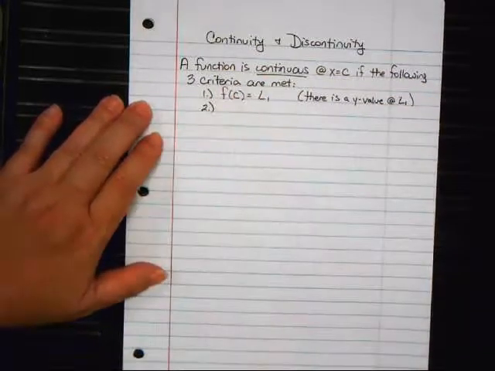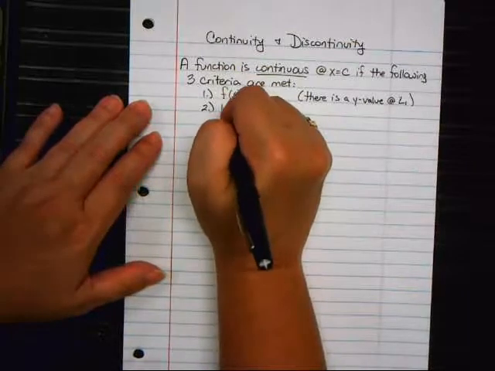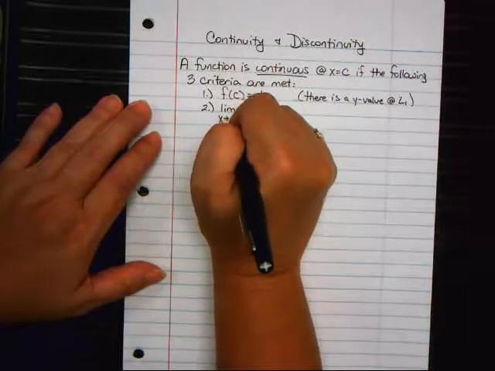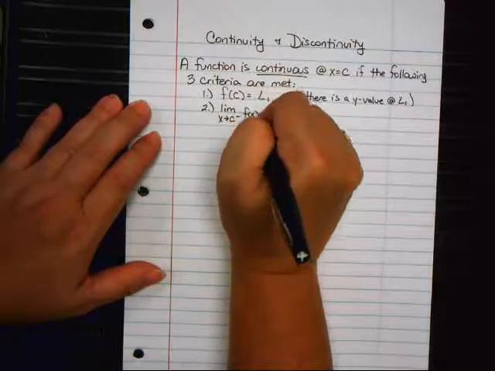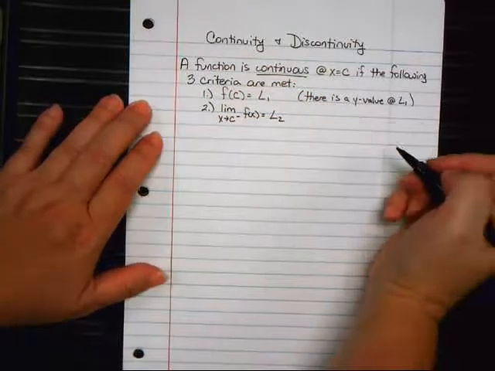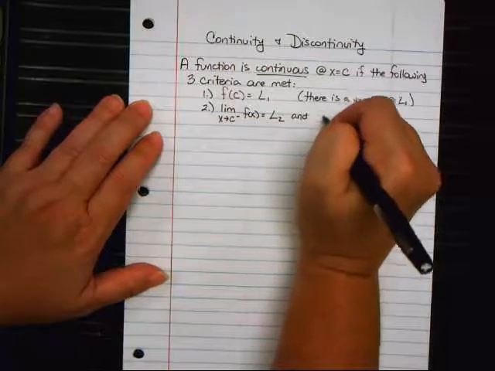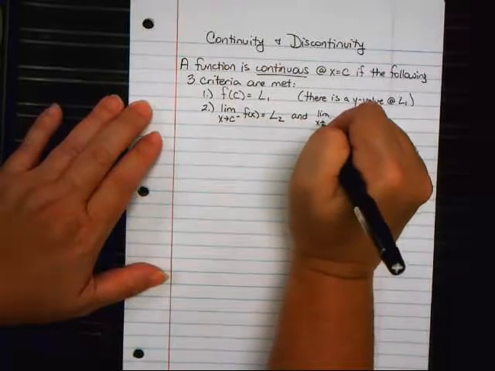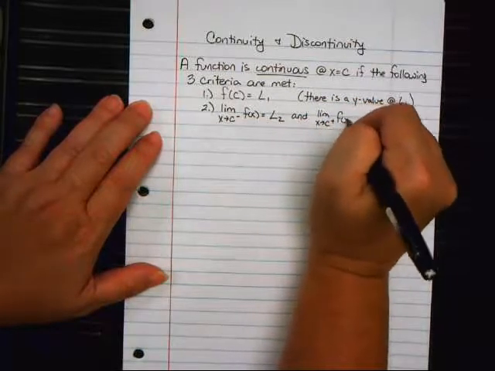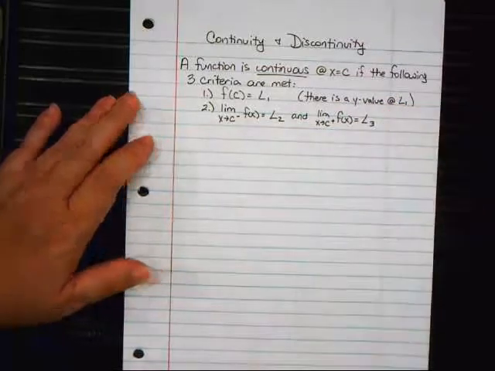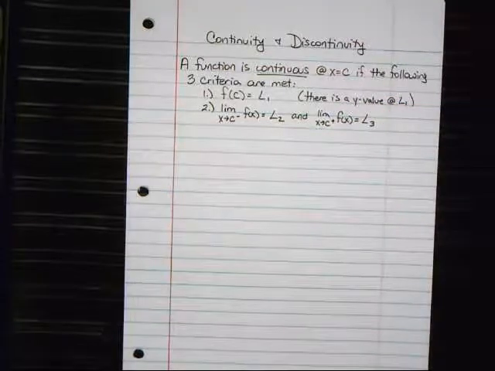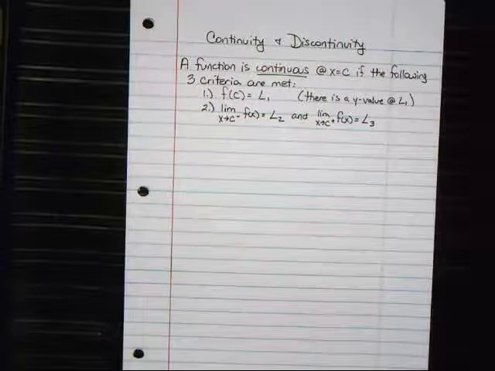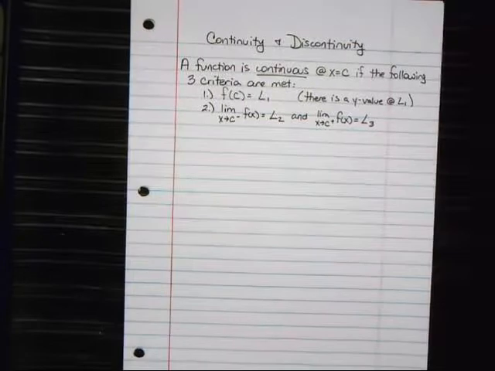Number two, the limit as x approaches c from the left of the function is L2, and the limit as x approaches c from the right of the function is L3. So basically it says the function has a left-hand limit and it has a right-hand limit and it has a dot. It has to have all three of those.